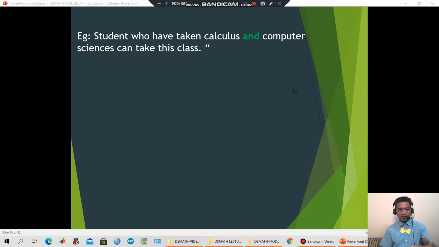Kasi ang negative niyan, student who have not taken calculus, right? So this is positive, yung first statement natin. And then yung computer sciences can take this class. Can take, so positive pa rin. Kasi kung negative, cannot take. So true and true will give you true. So yun po yung sagot natin dyan. The truth value is true.